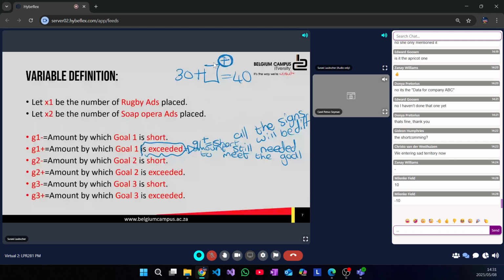But it's going to take some keeping track of, because you have to continuously tell yourself in your head, plus does not mean exceed. Plus means short. Plus means what I need. So I'm short. So be careful, read your decision variables, don't just jump in.